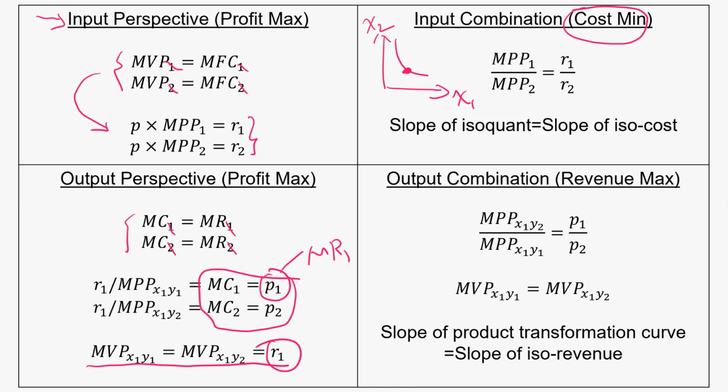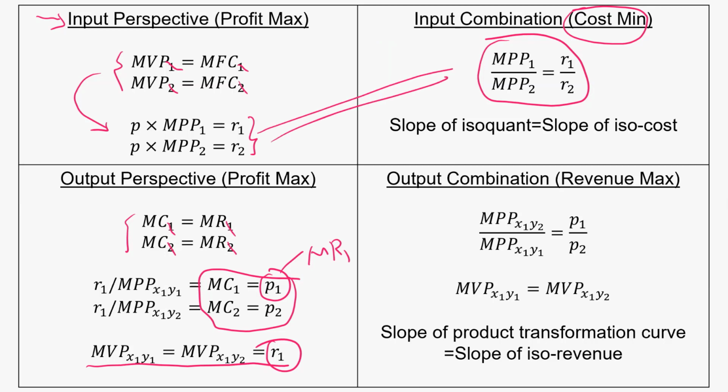And the condition for cost minimization is this condition. And this one can be derived from the profit optimization conditions. So here it implies that profit maximization from the input side implies cost minimization.